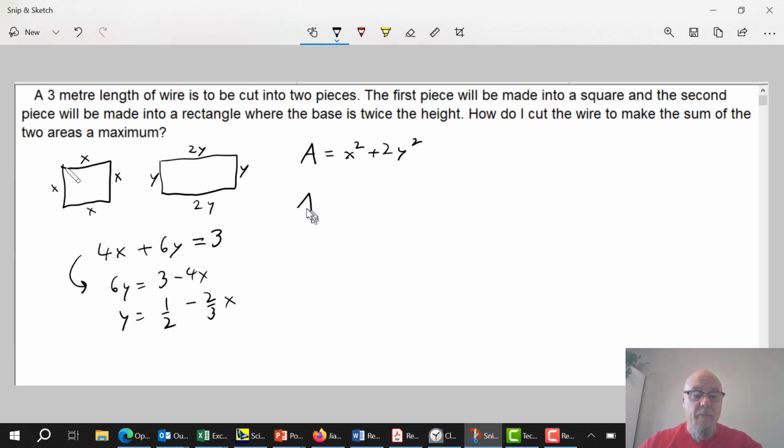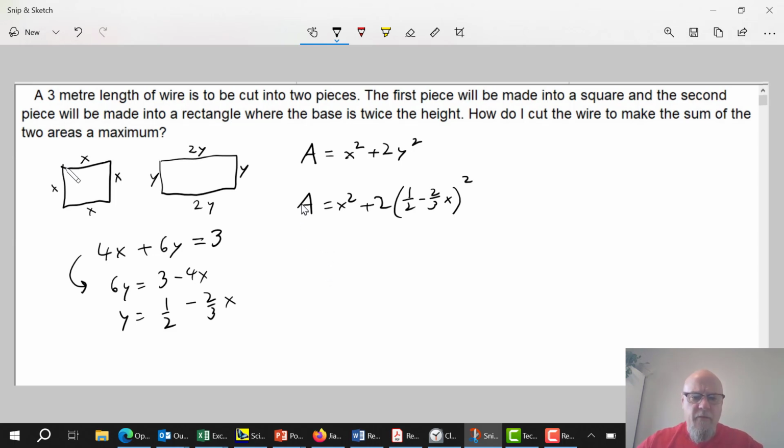So now everywhere there's a y, I'm going to put 1/2 minus 2/3 x. Now my area formula is strictly in terms of x. The next step is mechanical: take the derivative, set it equal to 0, and solve for x.